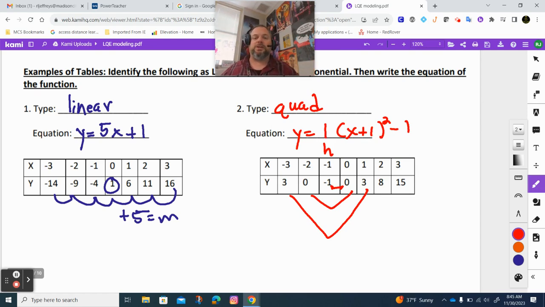All right, so this is 1. You can put a 1 right there. You don't have to put anything, but that's it. All right, did you see where the y values start to repeat? All right, in the middle of where they repeat, that's the h and that's the k.